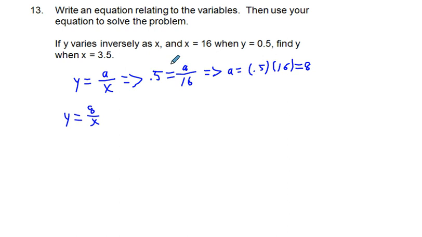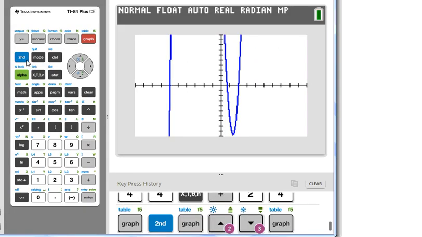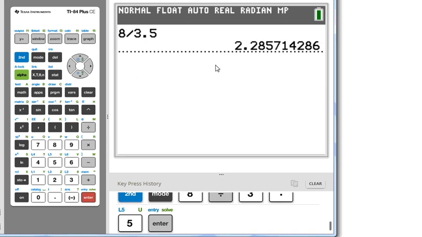And now if we find y when x equals 3.5, y is equal to 8 over 3.5. And I'm just going to put that in the calculator. Eight divided by 3.5, 2.286.